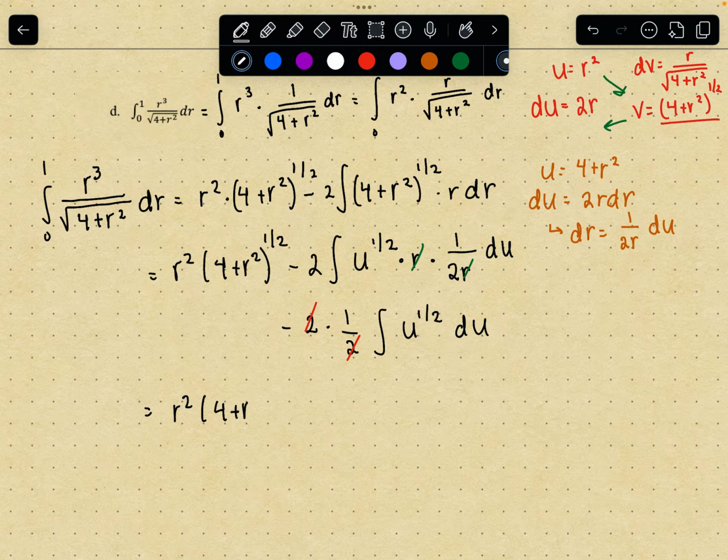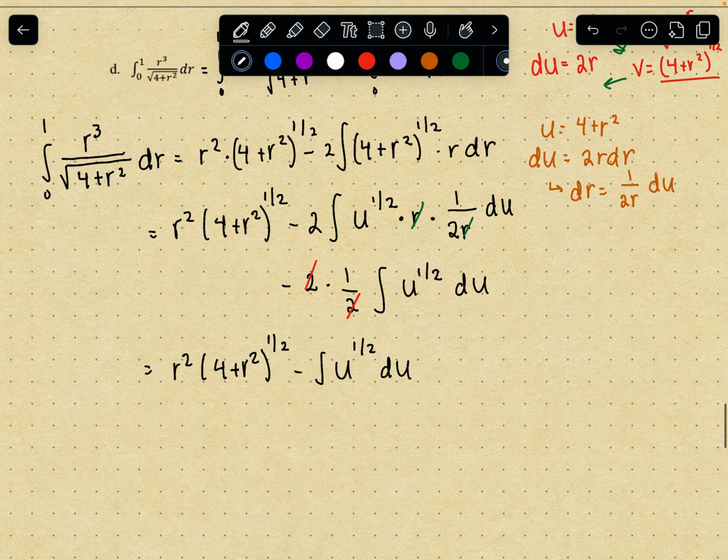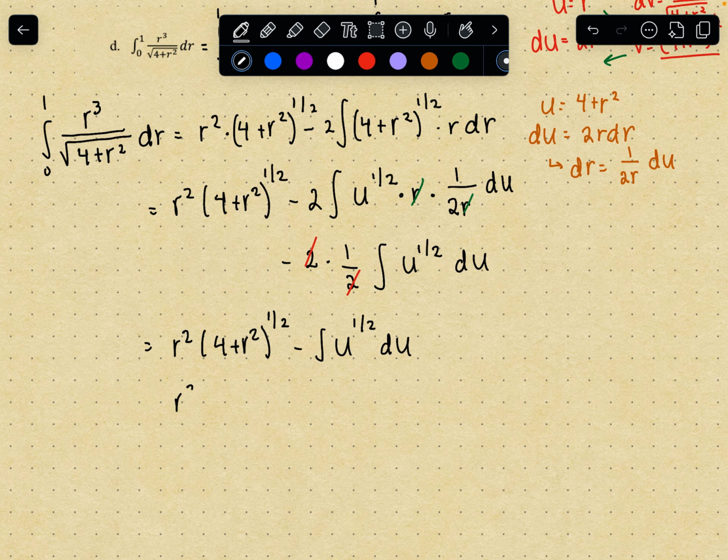All right. So we're here. Minus u to the 1/2 du. Hopefully this isn't so bad now that we're here. So using that antiderivative piece, we'll have u, what, this?